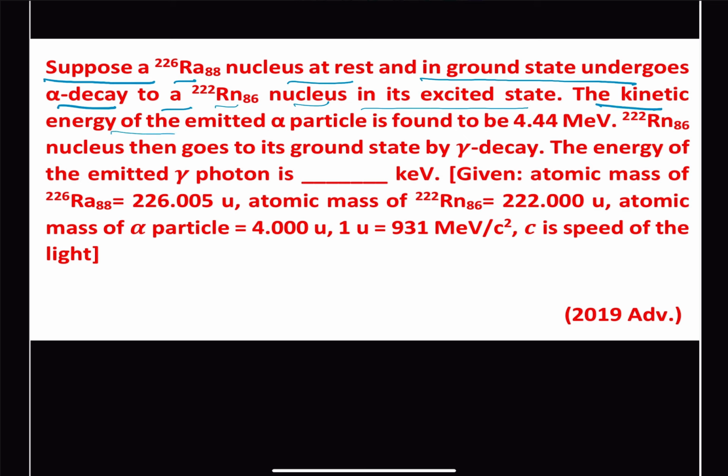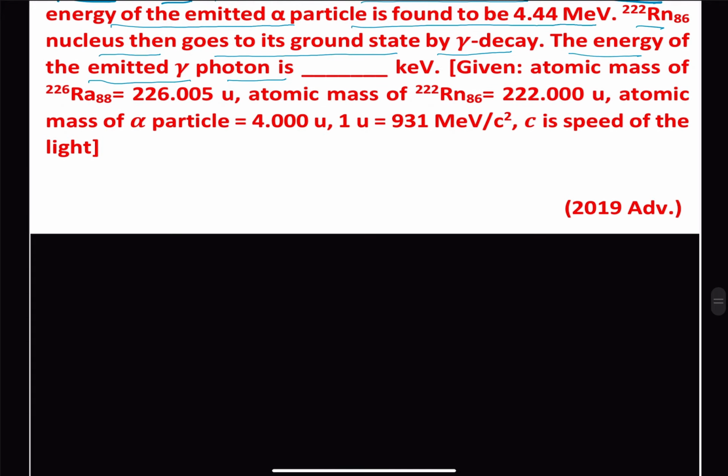The kinetic energy of the emitted alpha particle is found to be 4.44 mega electron volt. Rn nucleus then goes to its ground state by gamma decay. The energy of the emitted gamma photon is, and various atomic masses are given to us. So in this case, we are going to first use the mass defect, and from the mass defect we are going to find out the Q value.